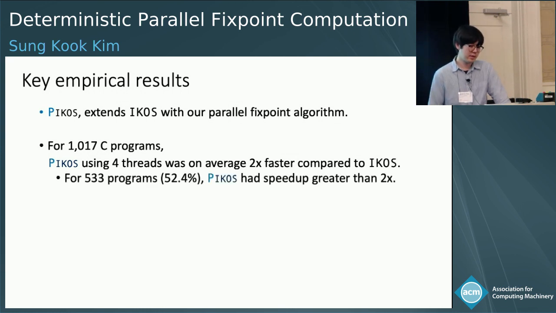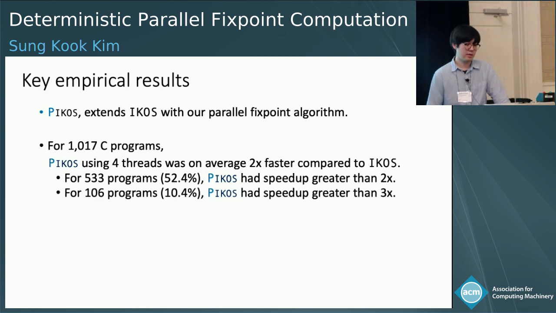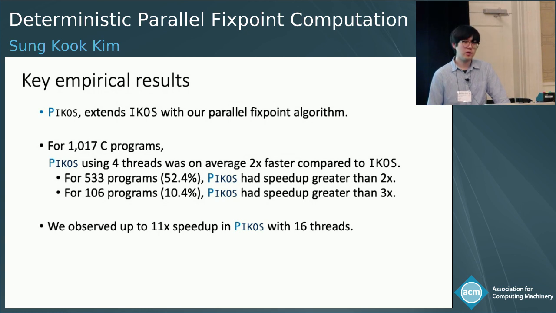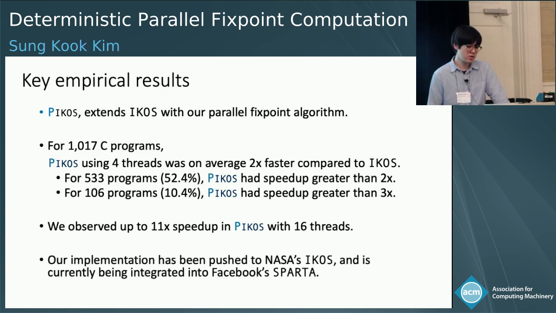About 52% had speed up greater than 2x, and about 10% had speed up greater than 3x. And we also observed up to 11x speed up in PyCos with 16 threads. Our implementation has been pushed to NASA's ICOS, and it is currently being integrated into Facebook Sparta.